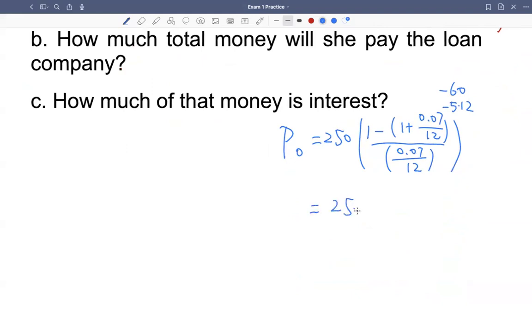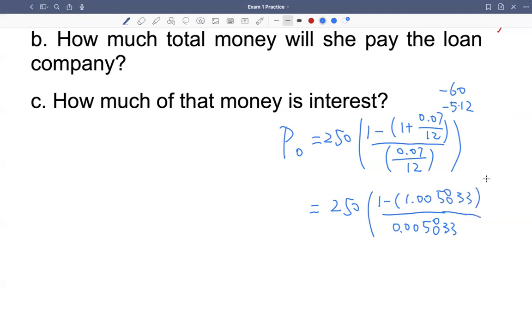So 250 multiplied by 0.07 divided by 12 is 0.005833, the 3 keeps going. Then the numerator has 1 plus this number, that's 1.005833.